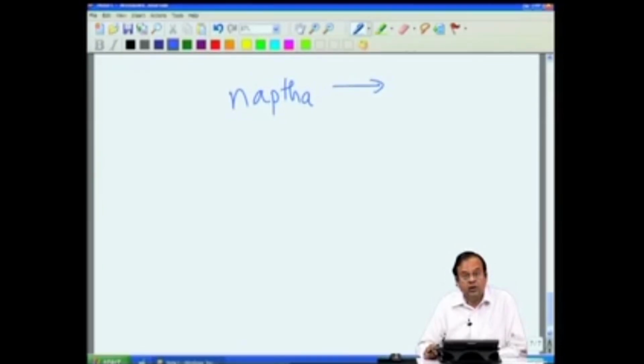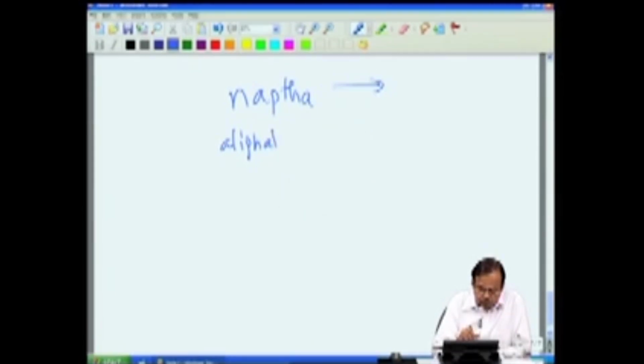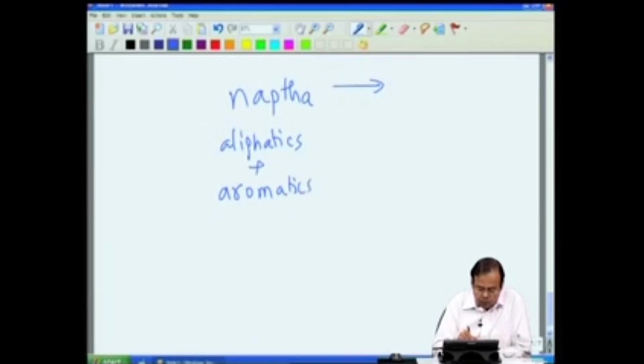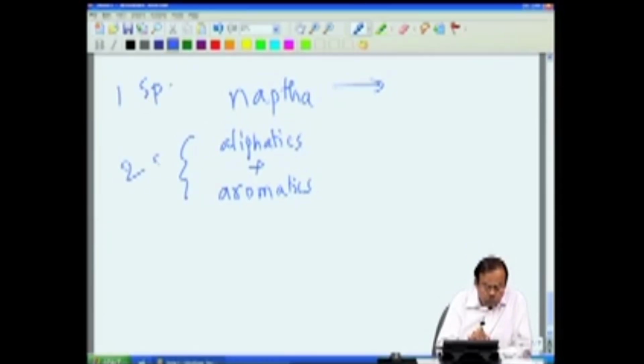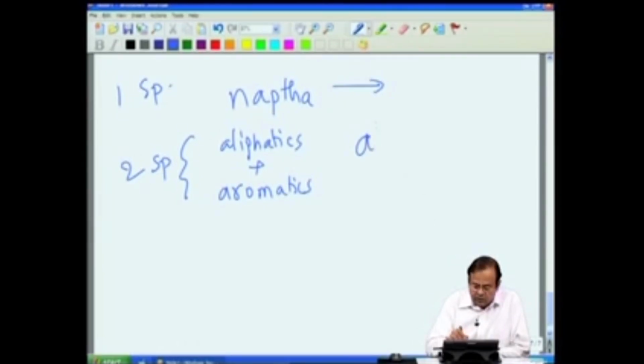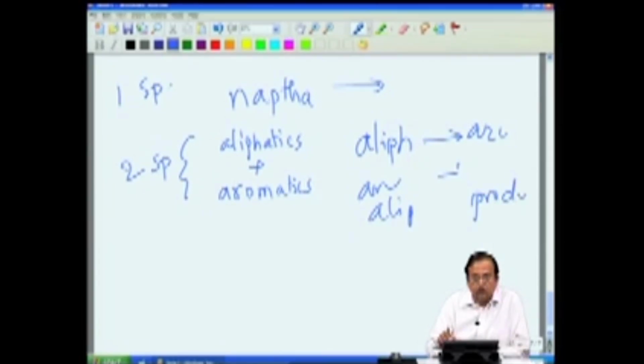Then let us make another simplification. Let us say that my naphtha consists of aliphatics plus aromatics. Okay. So, two species. So, this is one species, this is two species, and then I am going to model my naphtha reaction as something like aliphatic going to aromatic, aromatic going to aliphatic, aliphatic going to products and so on.